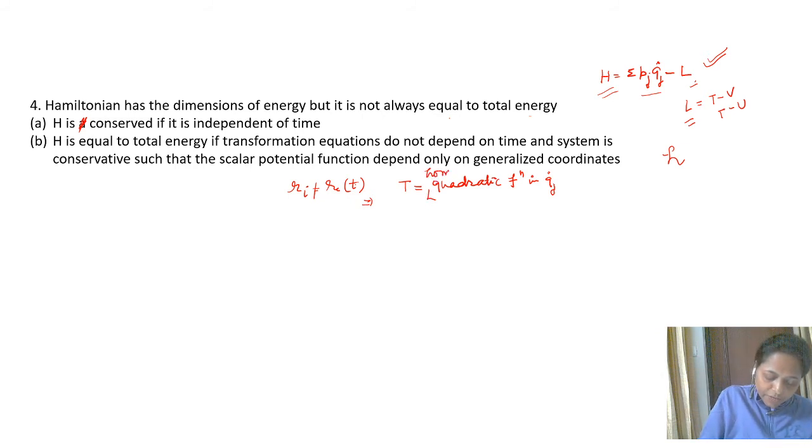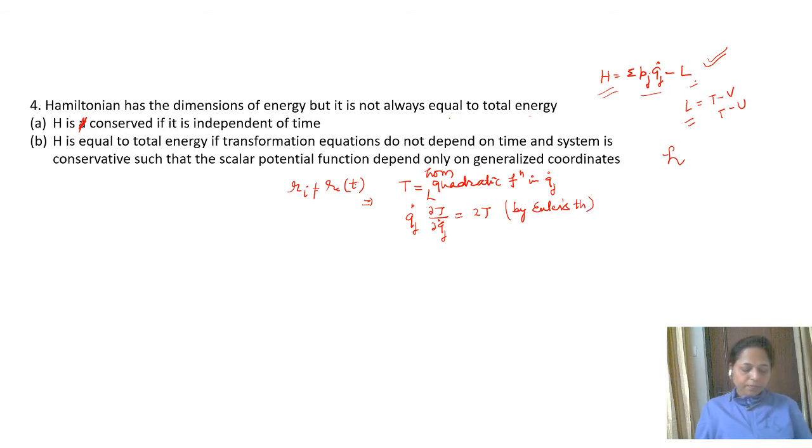So I may use the Euler theorem, which says that Qj dot delta T delta Qj dot is equal to 2T by Euler's theorem, right?